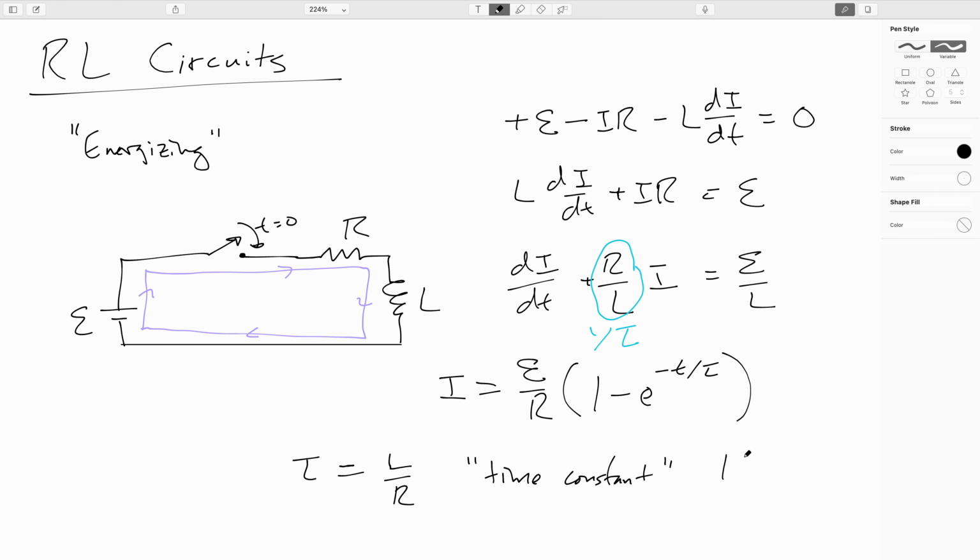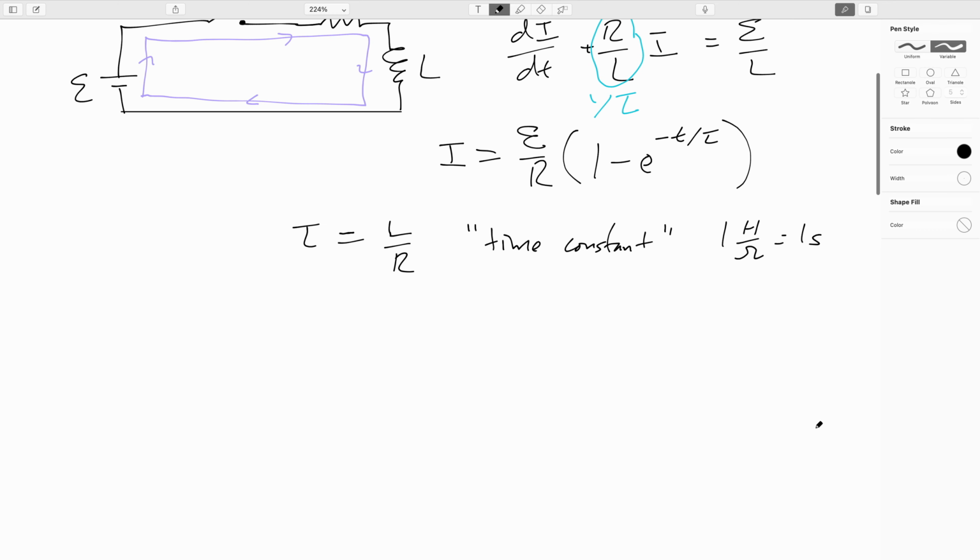And yes, 1 Henry per ohm does indeed equal 1 second. I encourage you to try that out for yourself. So we'll see the exact same behavior we saw before.